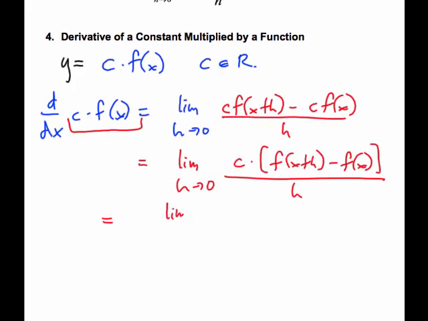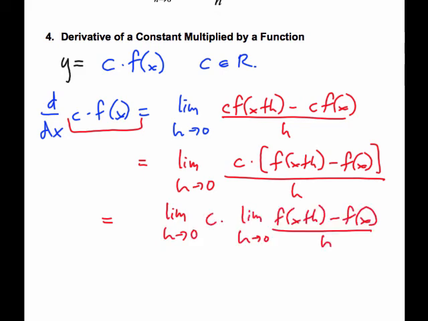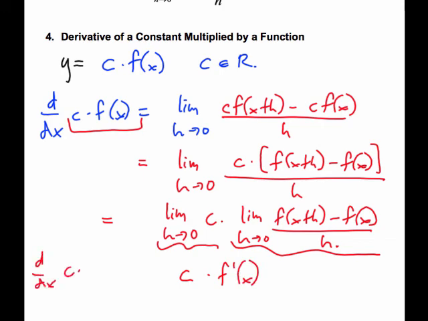I could then break my limit above up as so. I know the limit of a constant is a constant, and I know that this limit is f prime of x. And so the derivative of a constant times a function is the constant times the derivative of the function.